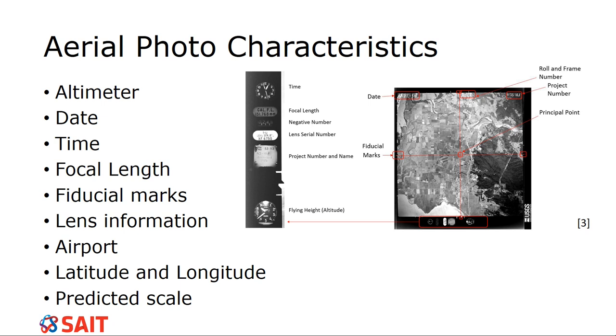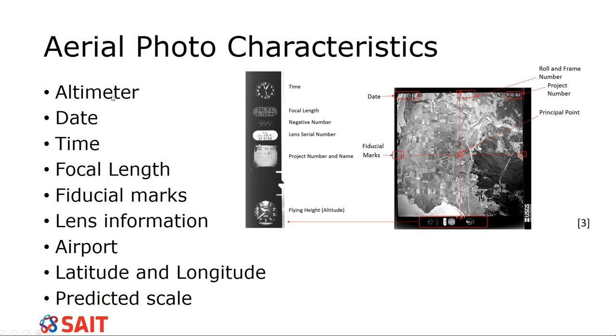But all of this information you're going to find in the metadata of your aerial photo. I want to ensure that you know what these different parts are, and some of it actually shows up on the photo itself when you pull it into whatever software you're using. Here the basic ones you're going to see is the altimeter.